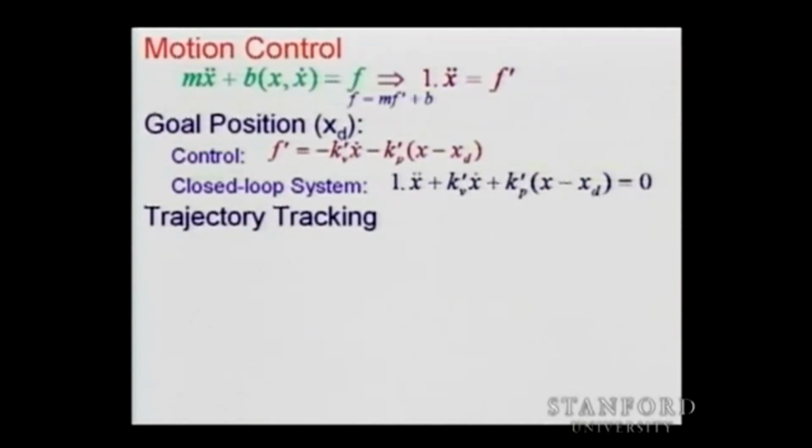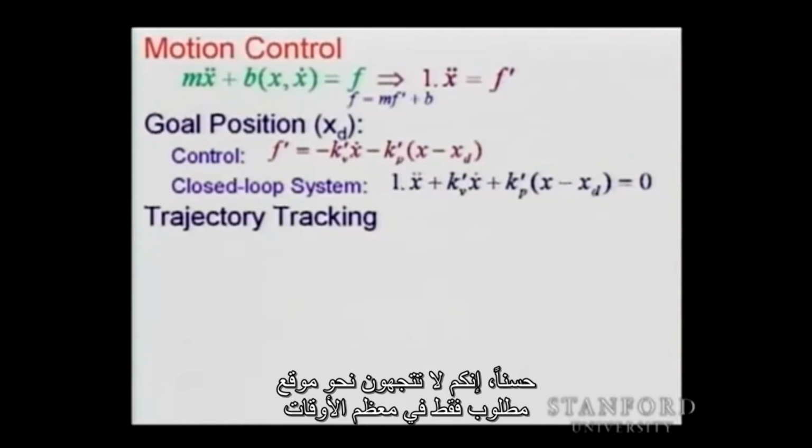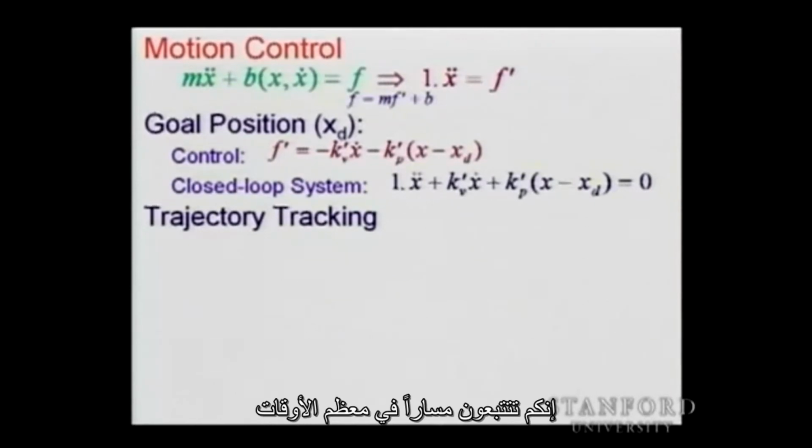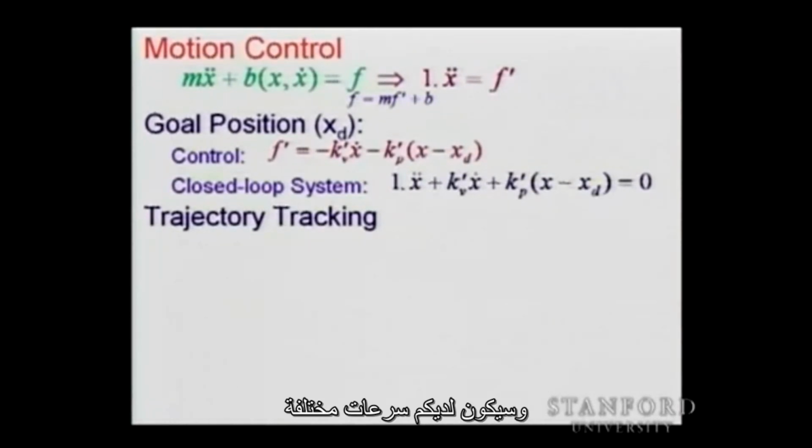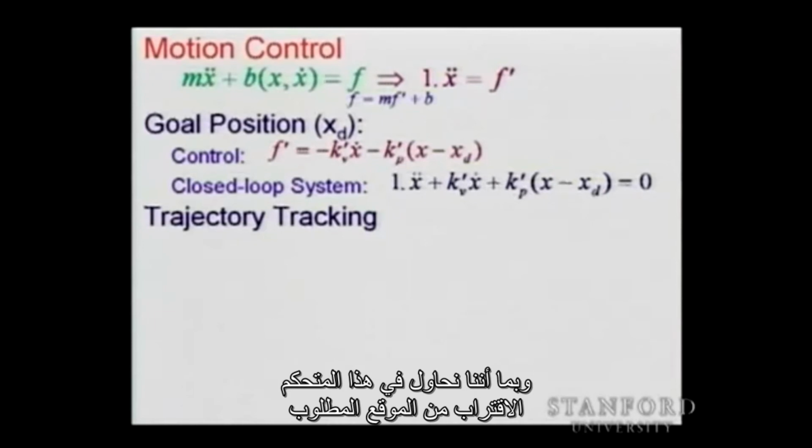All right. Well, most of the time you're not just going to a goal position. Most of the time you are tracking a trajectory. And on this trajectory you might have different accelerations at different points. You have different velocities. Whereas in this controller we are just reaching to the goal position.